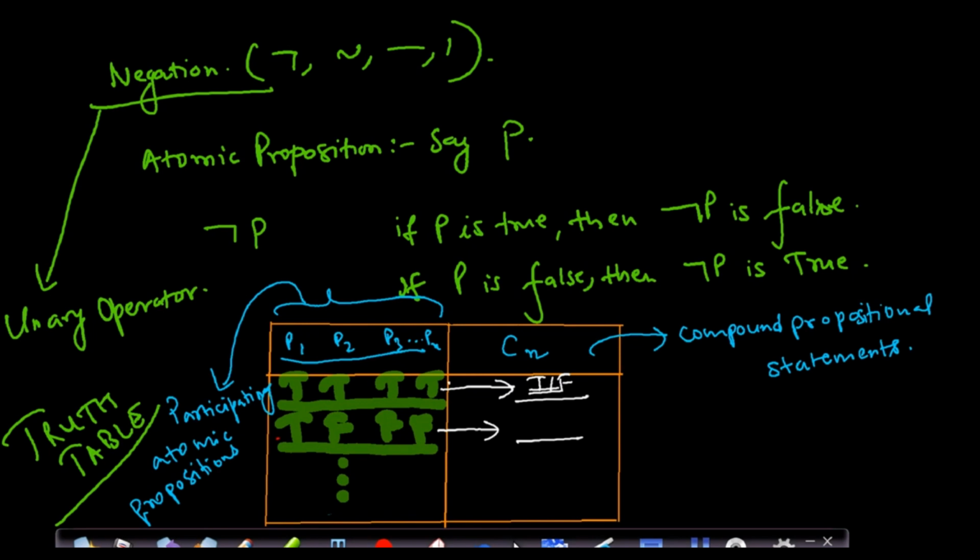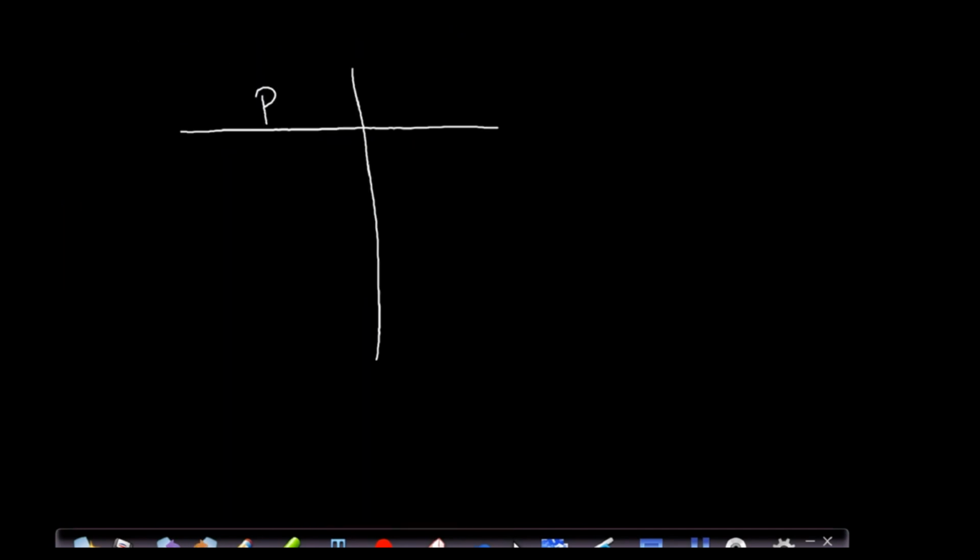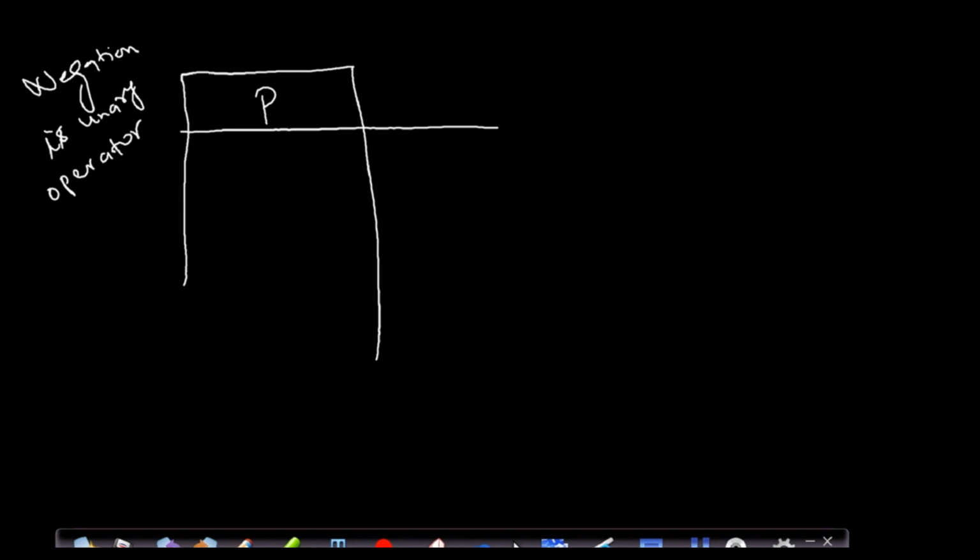Right now we are talking about negation, so let's look at the truth table of negation. Negation is a unary operator, so on this side you have only one participating atomic proposition.